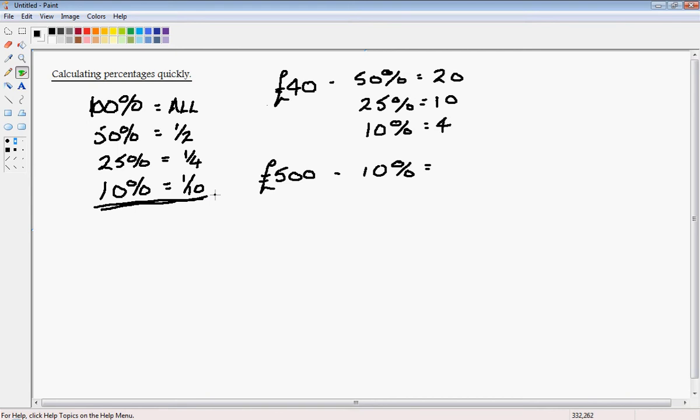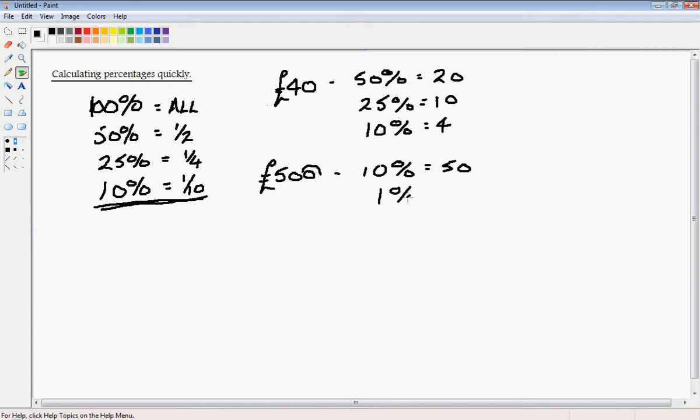If we go back to the previous videos that I've done, dividing by 10, 100 and 1000, if we divide this by 10, remember the decimal point just comes back 1 because the number gets smaller, so we get 50. I'm sure you all knew that. So 10% of 500 is just 50.